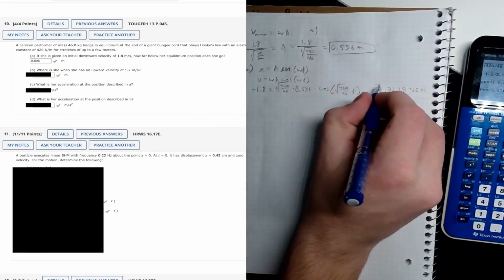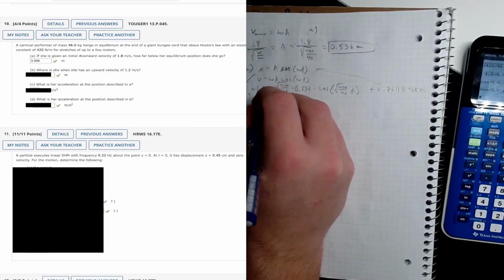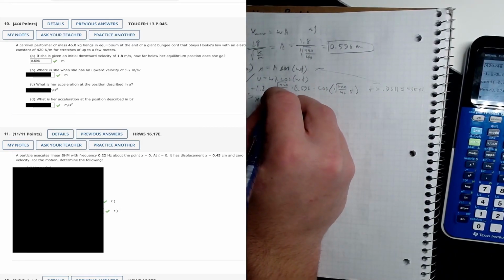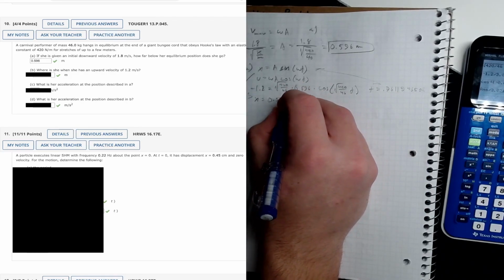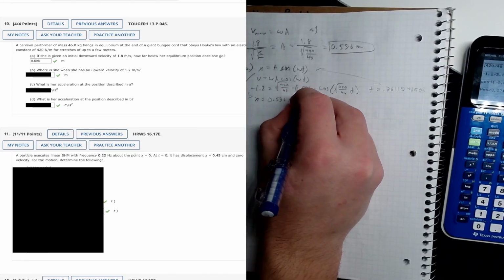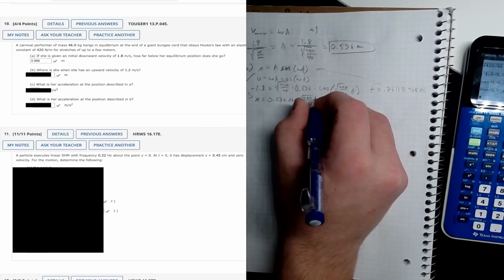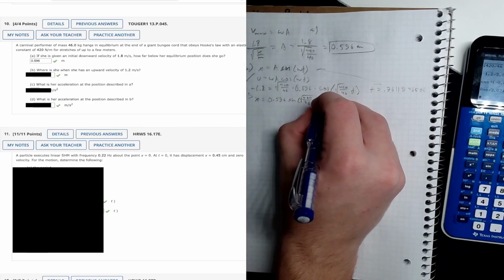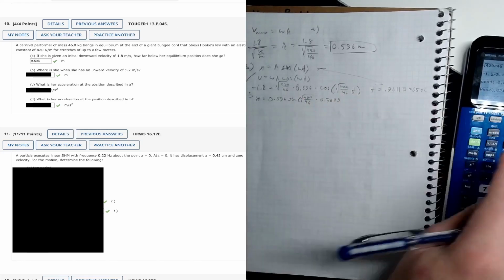We can plug our time back into this equation right here to get that x equals our amplitude 0.596 times sine of the square root of 420 over 46 times a value for t, 0.76119 and so on.